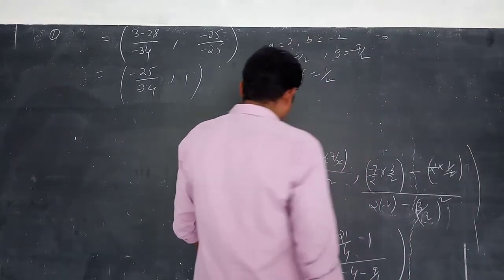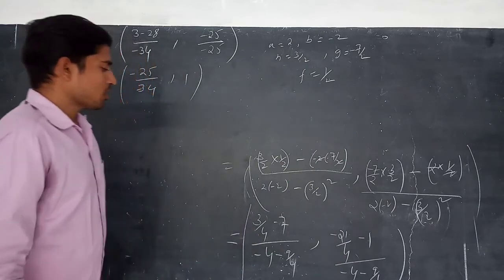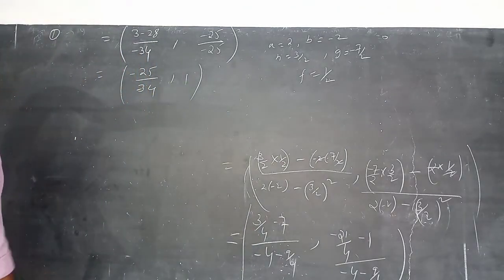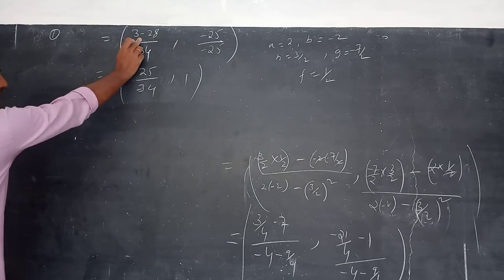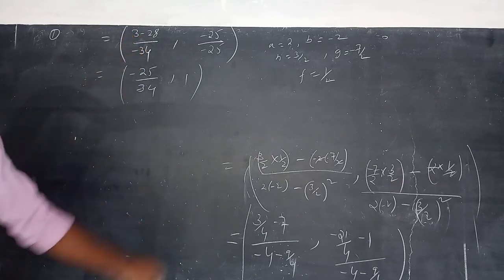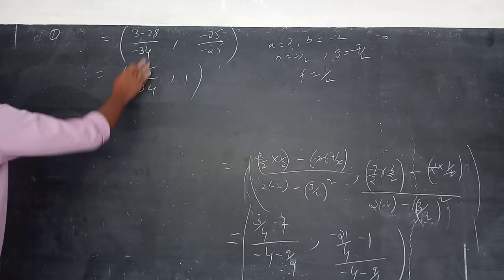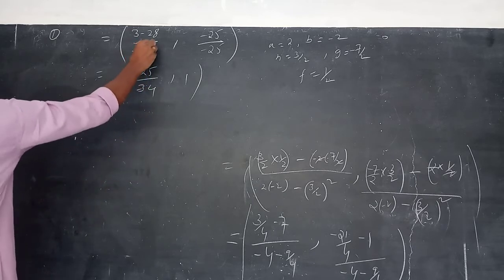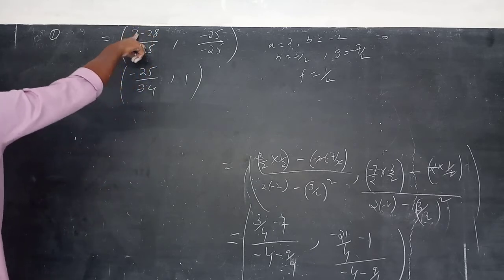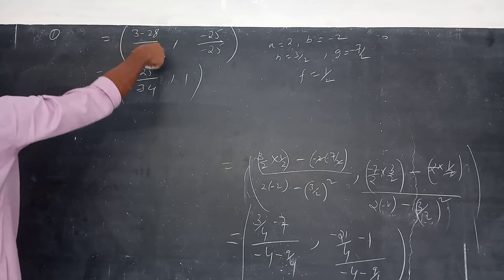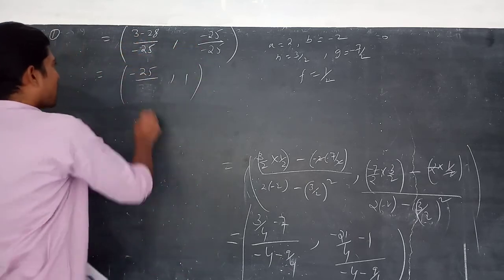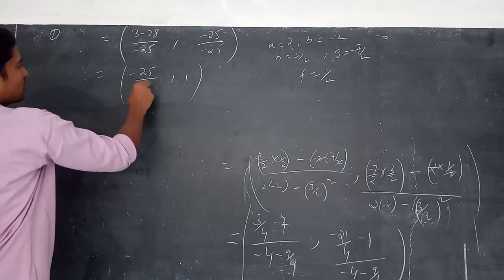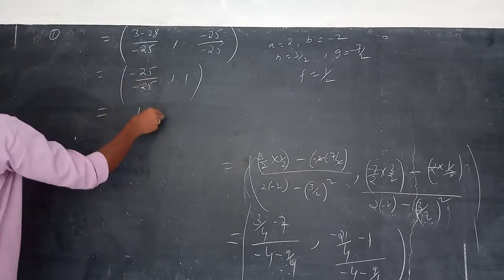So which becomes minus 25, minus 3 minus 28, correct? And then 16 minus 9 is minus 25. So here also we are getting minus 25. Here also we'll get minus 25. Next step will write. That is correct. And minus 25 this is also, which is equal to 1 comma 1.